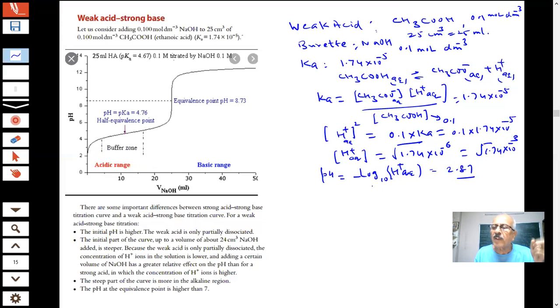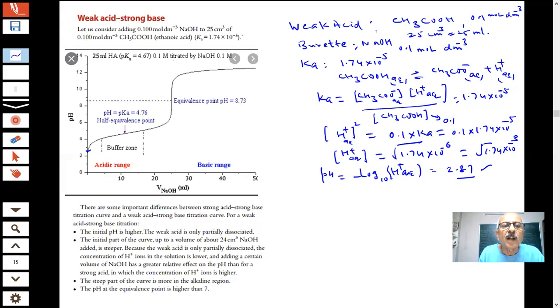What was the HCl pH? 1. Because a strong acid has less pH. This is a weak acid. The weak acid will have more pH than HCl. Right or wrong? Tell me. So we can calculate the value of the pH. This is our pH starting here.